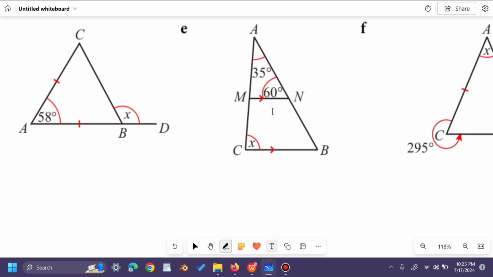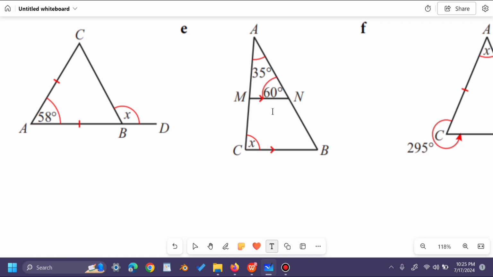For finding this angle x, we are going to see: are we having any Z angle? No, we are not. Are we having any C angle, that means co-interior angle? We need to look at this.